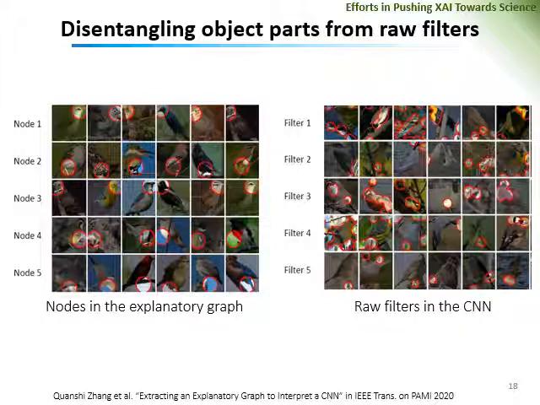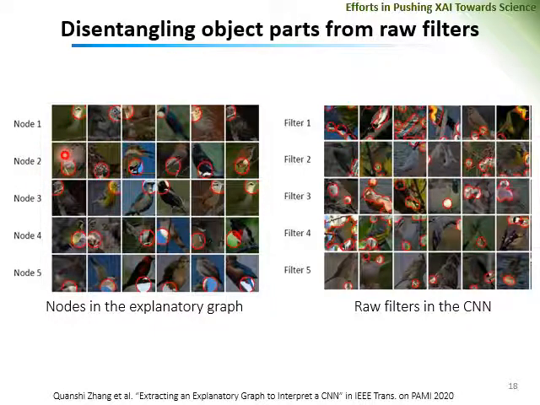This slide shows our explanation result. On the right, I show the chaotic feature maps of the different filters. On the left, I show the nodes disentangled from the filters. Each node represents a clear semantic meaning. For example, node 1 is disentangled from a certain filter. It always represents the head part of the bird.